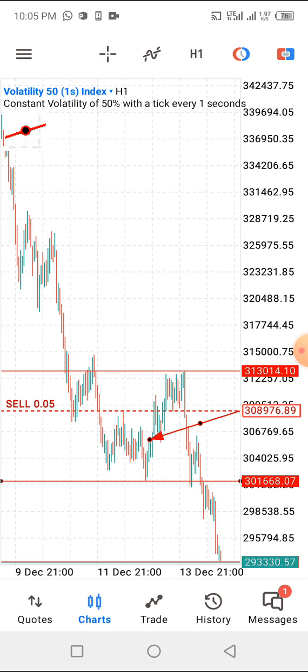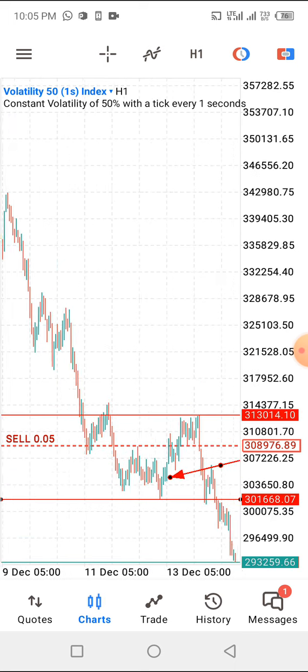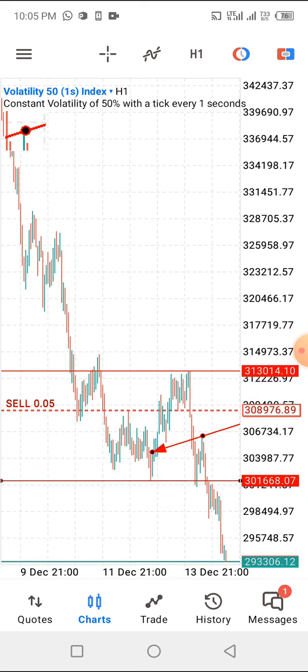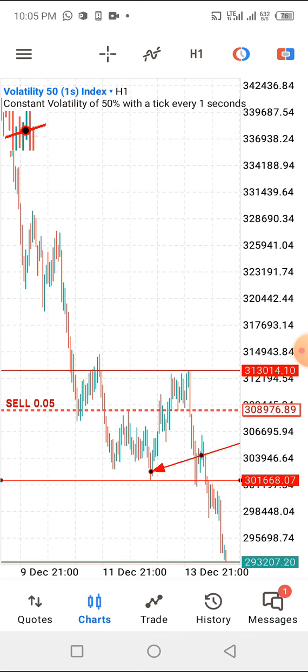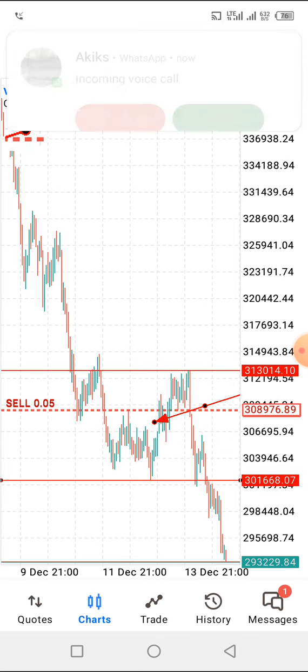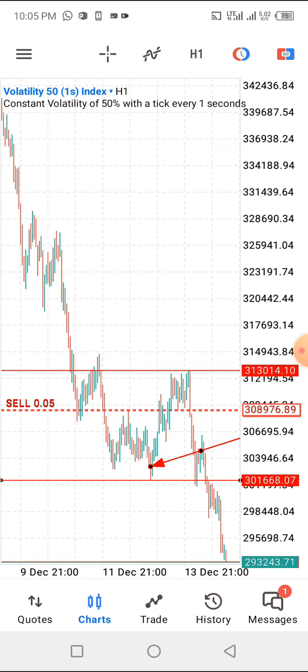But all of a sudden there was a reversal that started pushing the market up. So now, meeting this price at this position here, I didn't just start selling, because at this point you don't really know what the market is actually going to do, if it's going to give you a reversal or if it's still going to continue selling. So now I had to wait.